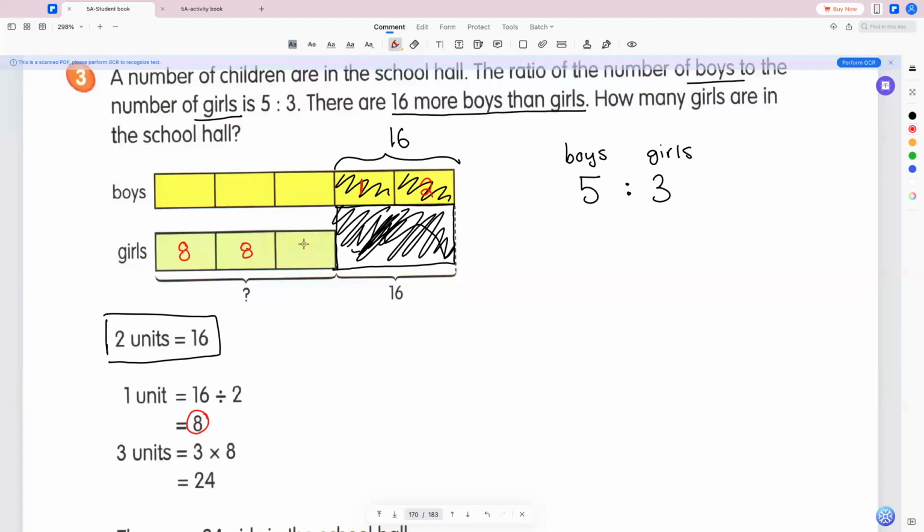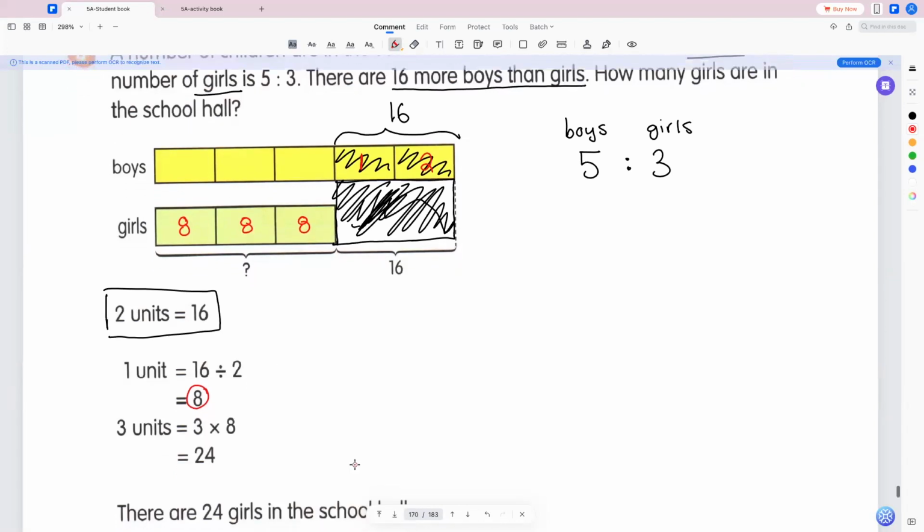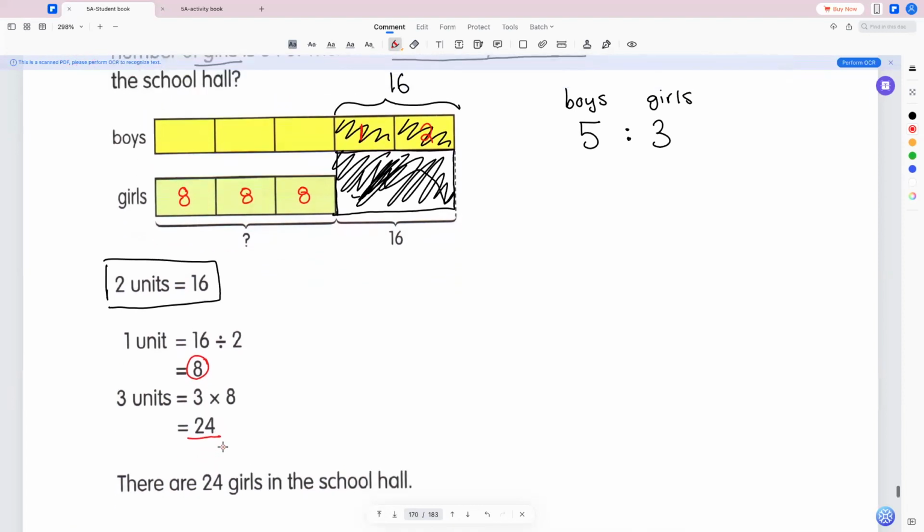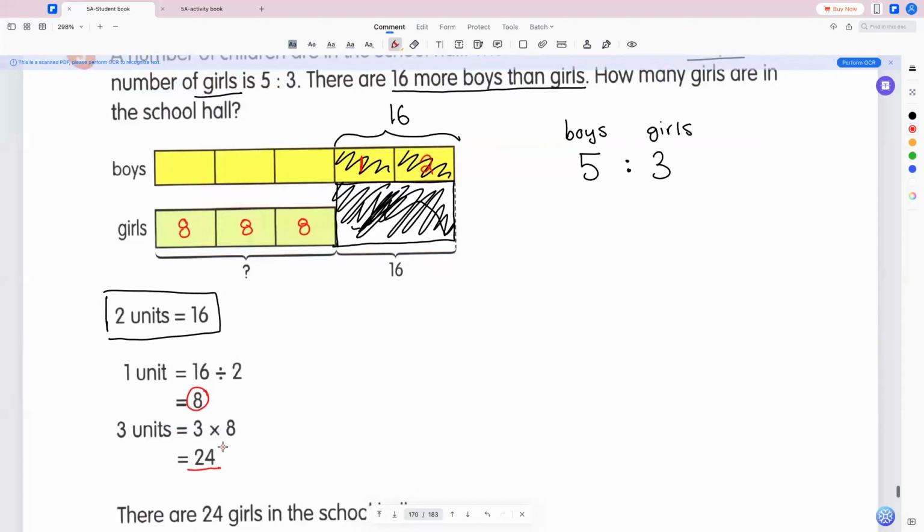This one's also 8, and this one's 8, and we only have 3 units. So we can technically just add it up to get to the total number of girls. And we can see that that's equivalent to doing 3 times 8, right? We have 3 units, all of them are 8. So we get 24. So there's 24 girls in the school hall.